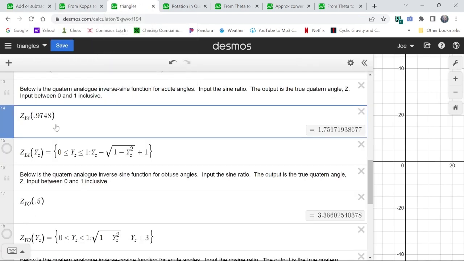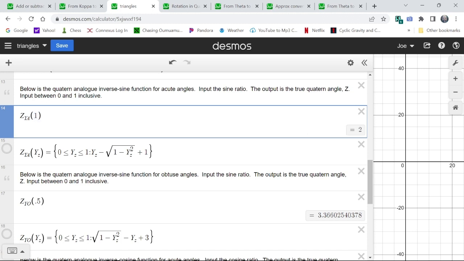Since B is acute, 1.365 is less than 2. If it's less than 2, it's acute, so I'm going to use this one rather than the obtuse option.